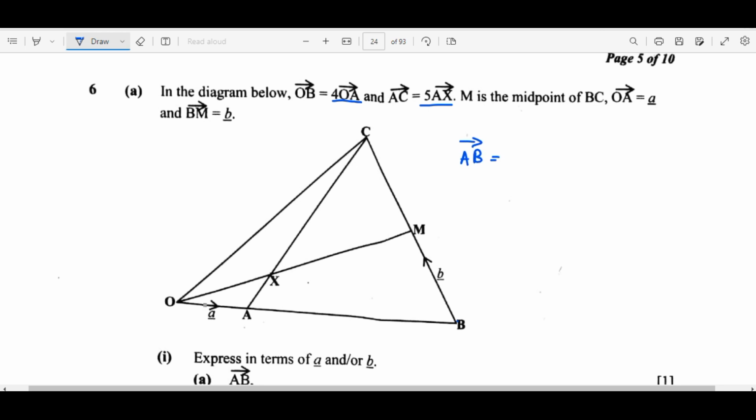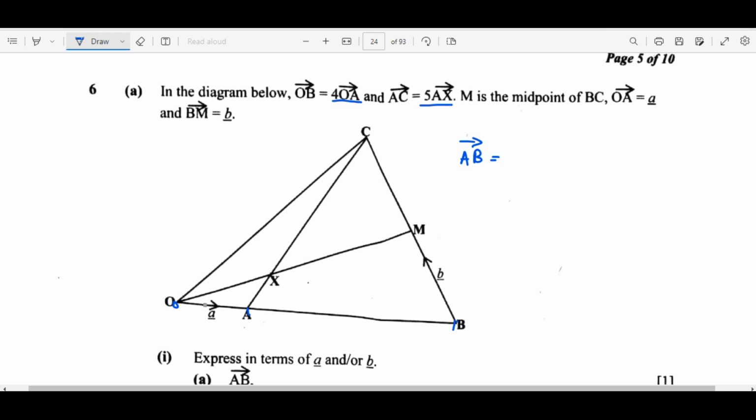So AB is equal to what? When we look at AB, from A to where? To B. So we've been given O, there is O here. So OB, do we have OB? OB is here.